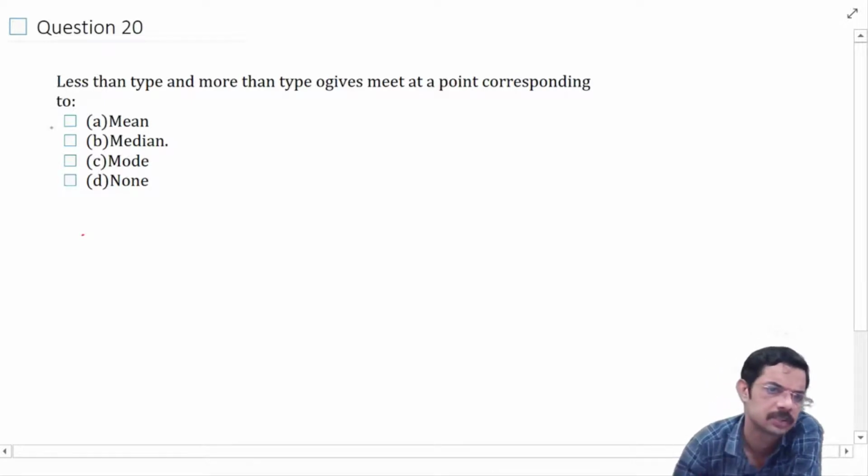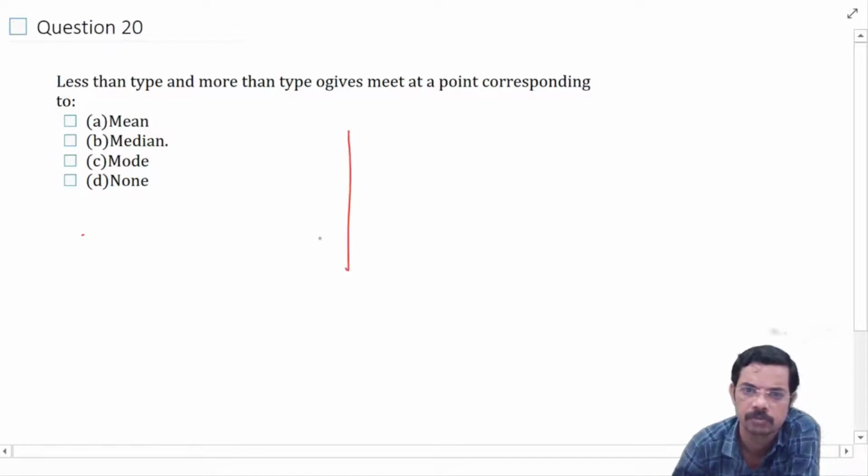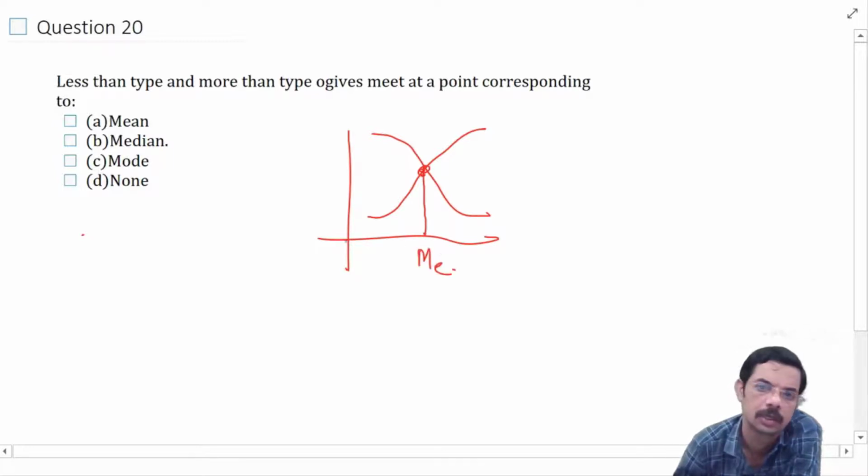Just above, in some question, we discussed that when the less than type and more than type Ogives meet, they meet at the point that corresponds to the median, n by 2. So therefore it corresponds to the median, the partition value.